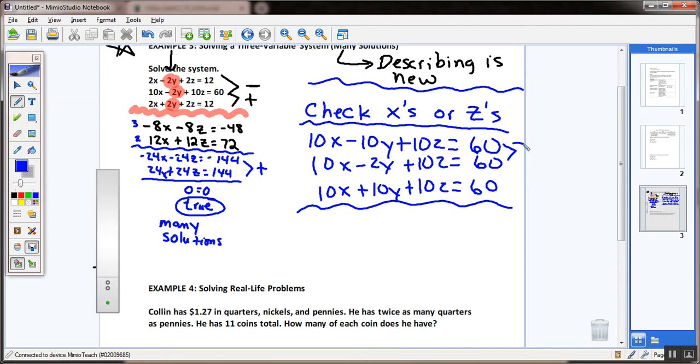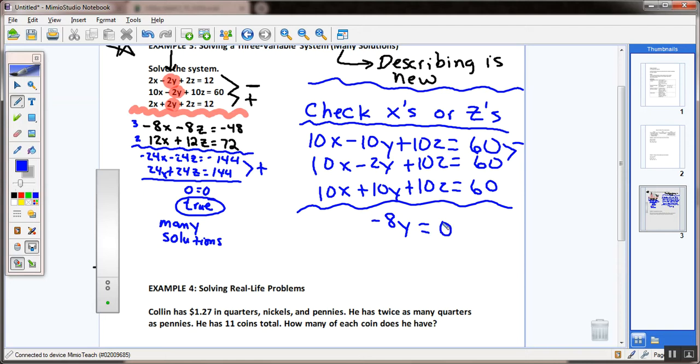Negative 10y minus negative 2y, wouldn't that be negative 8y? Because you're really adding 2y when you subtract a negative. How about the 10z minus 10z? It's gone. And then how about the 60 minus 60?